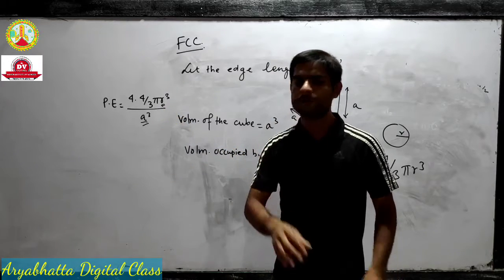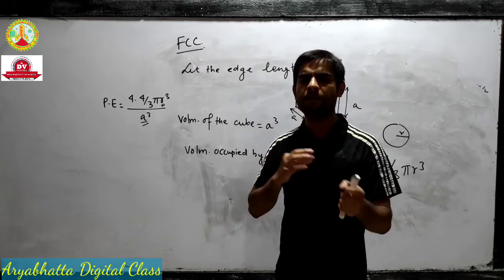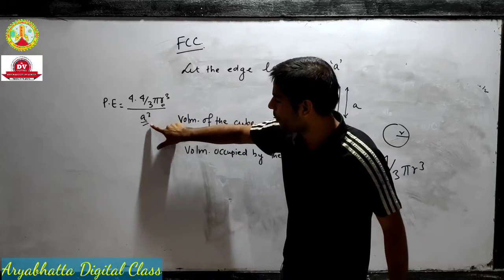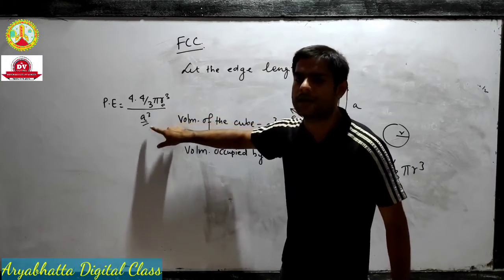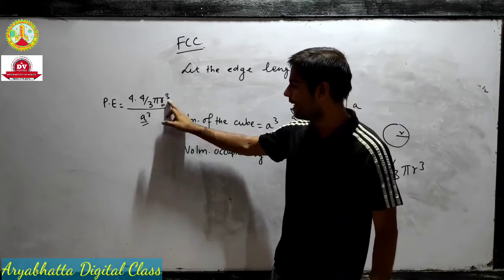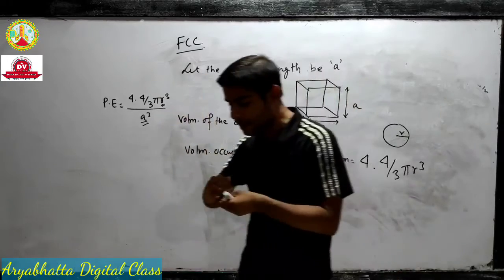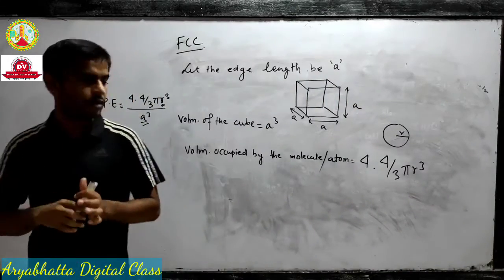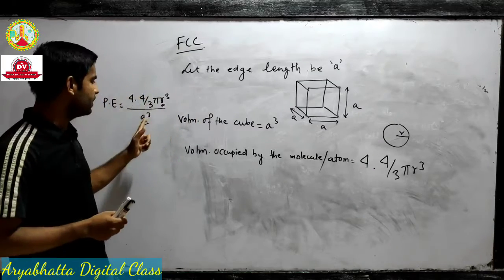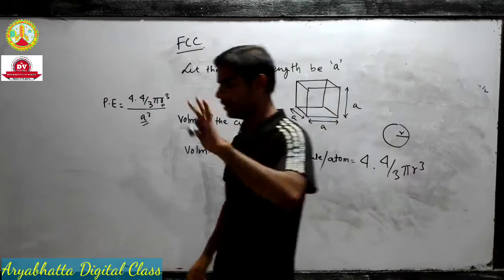So we have to use simple mathematics and find a relation between A and r. If I can establish a relation between A and r, then I will be able to eliminate them easily from this equation, and once they are eliminated, we will be left with only numbers and then we can calculate.